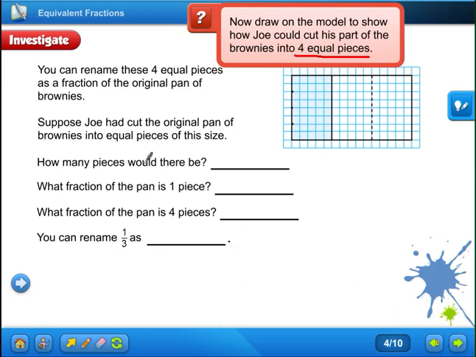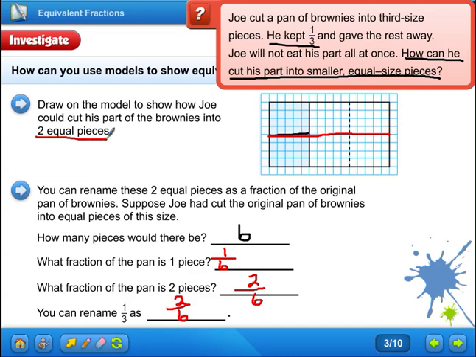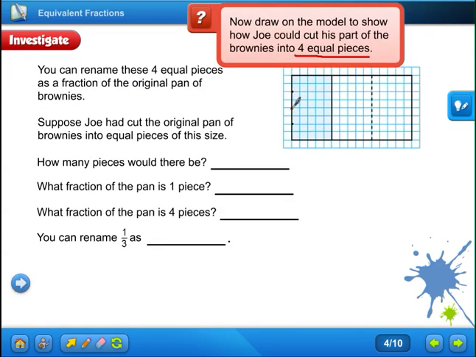Last time he cut it just into 2 equal pieces. So the first one he cut into 2 equal pieces, which was right here. This one he wants 4 equal pieces. So we're going to cut it here and we're going to cut it there. Let's count our pieces. He wanted 4. So we need to see 1, 2, 3, 4. He has 4 equal pieces.